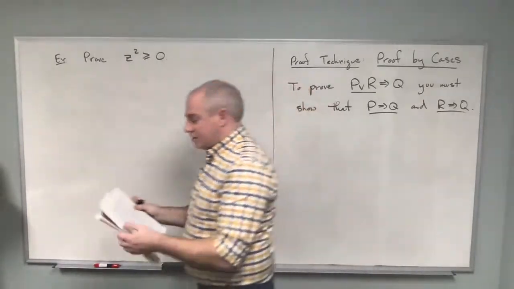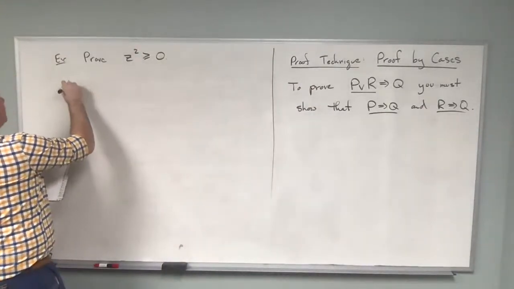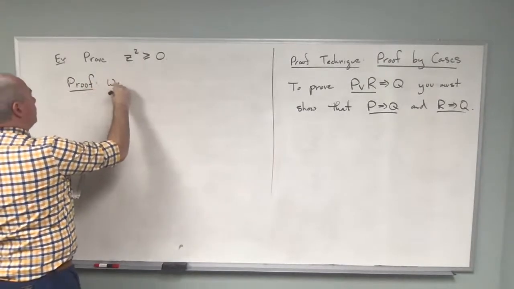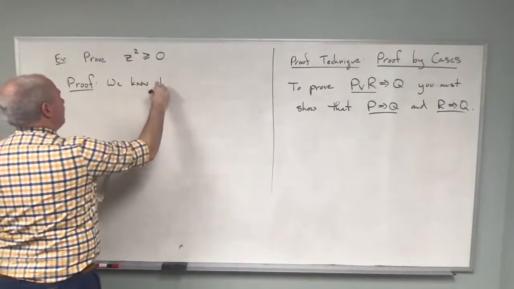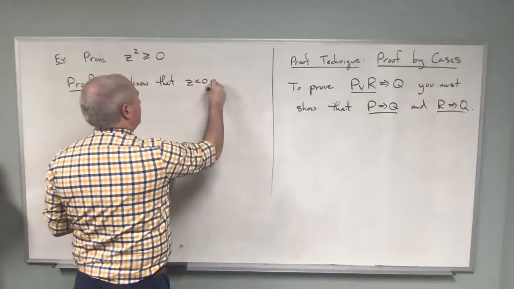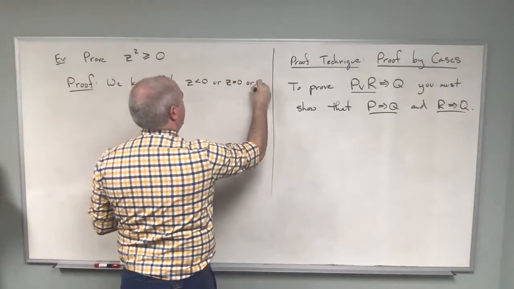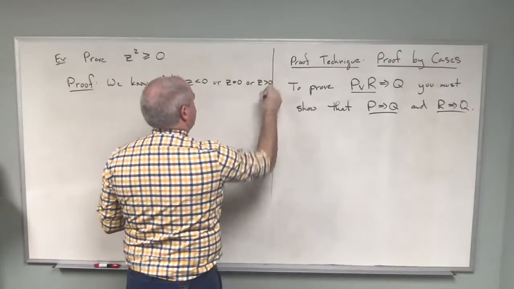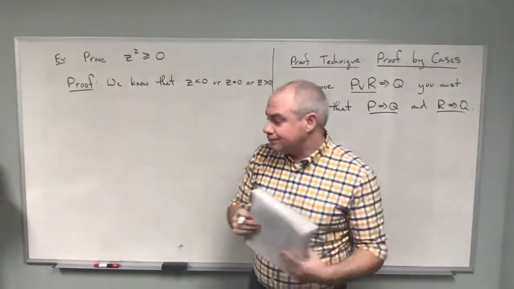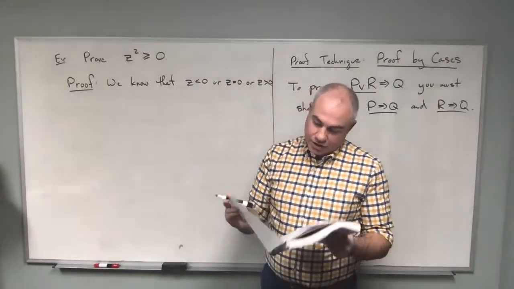Okay, so let me start writing this down so you can see how I would do this. So proof. We know that z is negative or z is 0 or z is positive. This is one of our axioms, I believe. Let me just check on it.